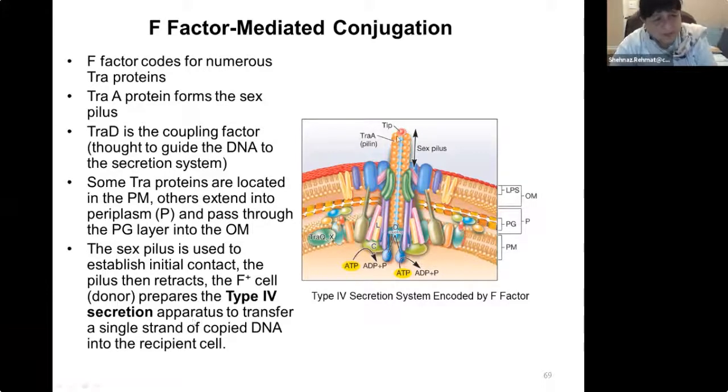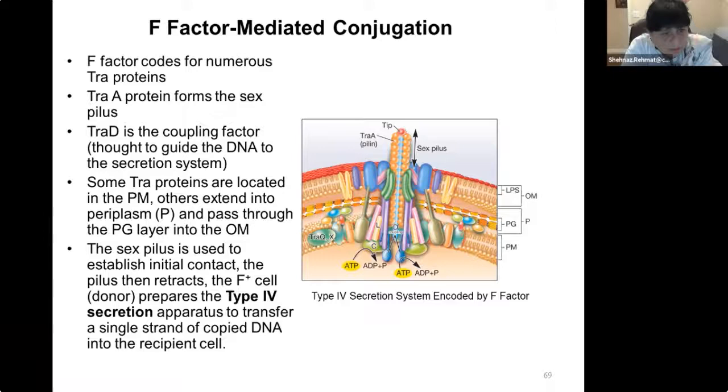The apparatus is laid, and a single strand of the copied DNA will be transferred into the recipient cell. And remember, it will need hydrolysis of some ATP. So this whole system of delivering DNA will use ATP from the donor. So in very simple terms, that is what I'm describing.